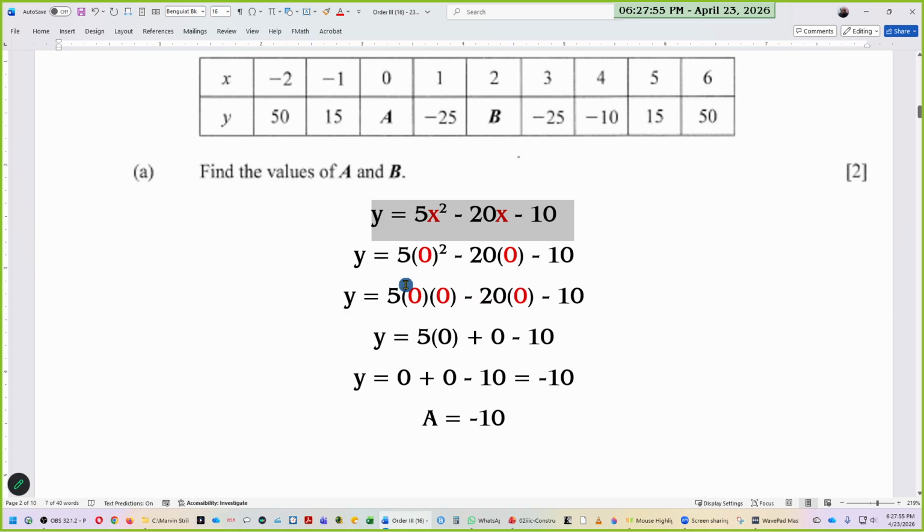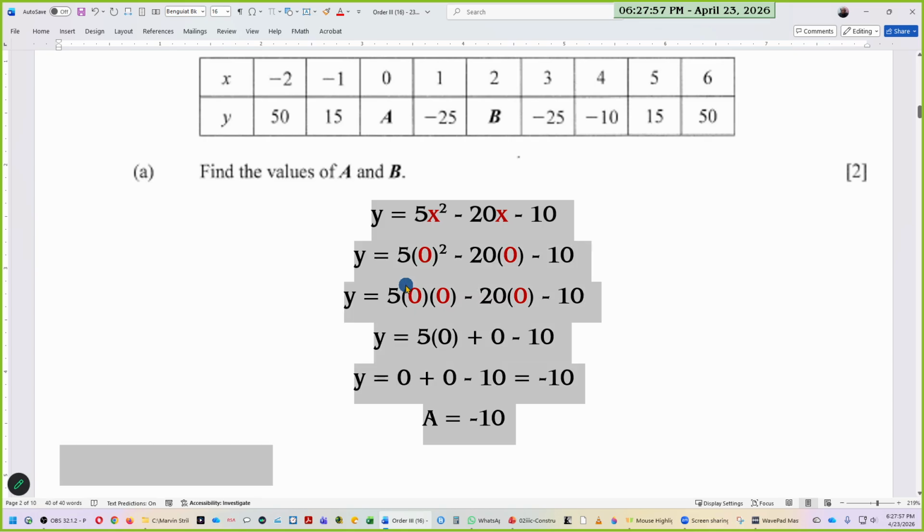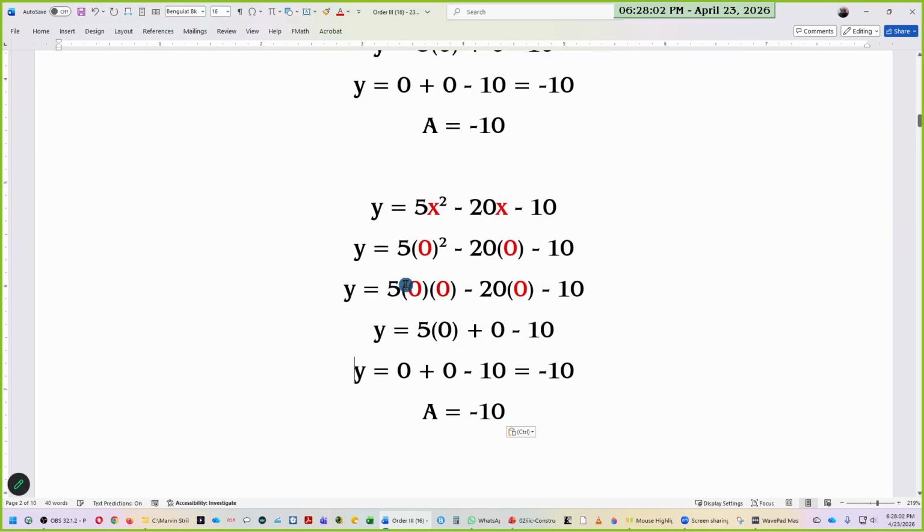So we did it for 0, and now let's do it for 2. And so we're going to put 2 wherever we see x. And so this is going to be 2, this is going to be 2, and this is going to be 2.